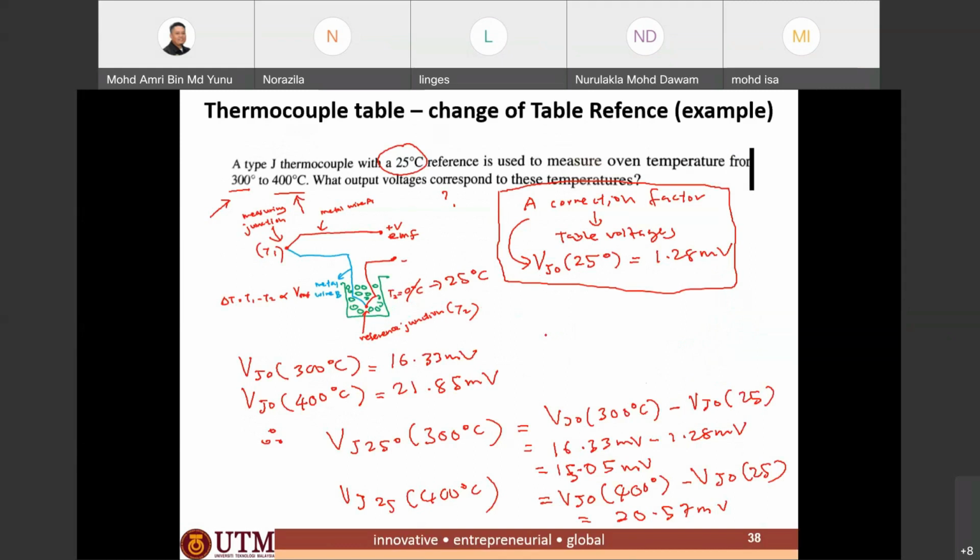To me, if I were to ask anything on this, I will not put the reference junction at a negative value, let's say negative 20, because it's not practical. In practical point of view, if it's difficult for you to set the reference junction at a negative value, 0 degrees Celsius is already challenging.